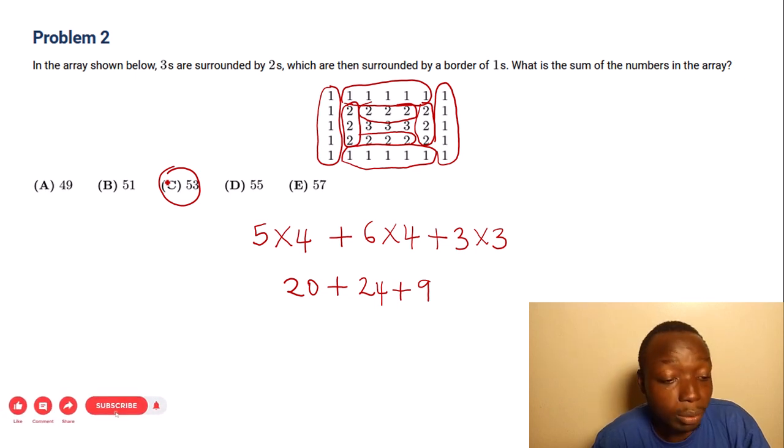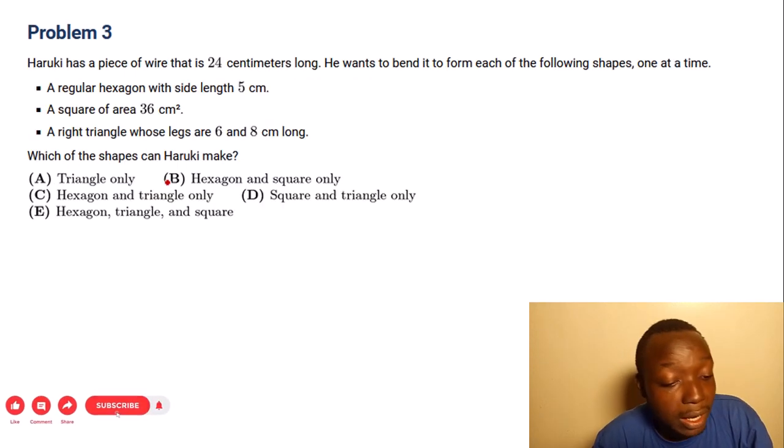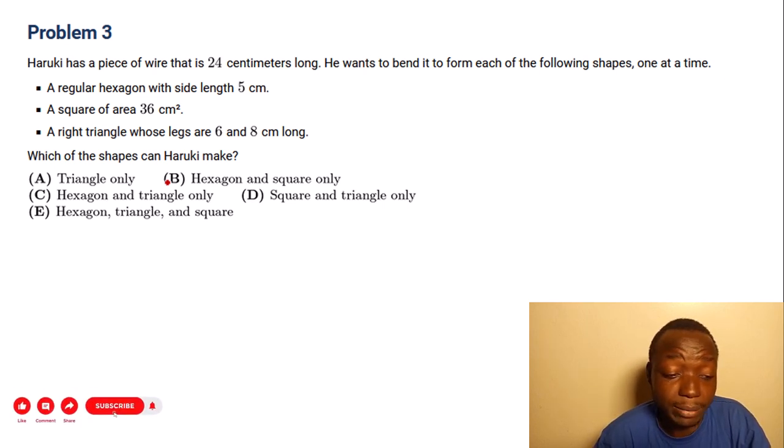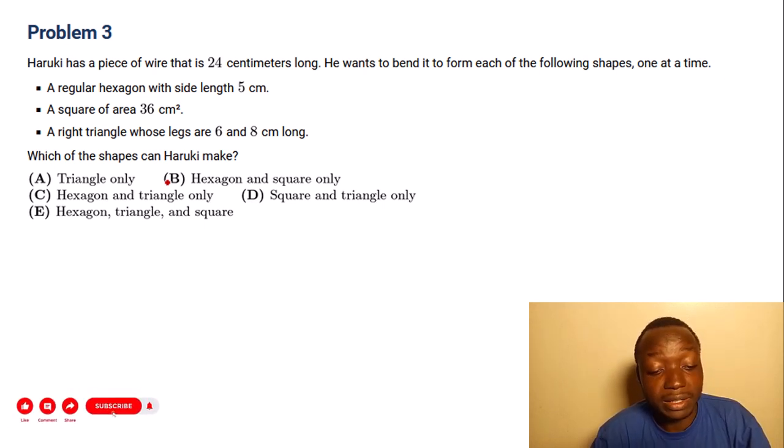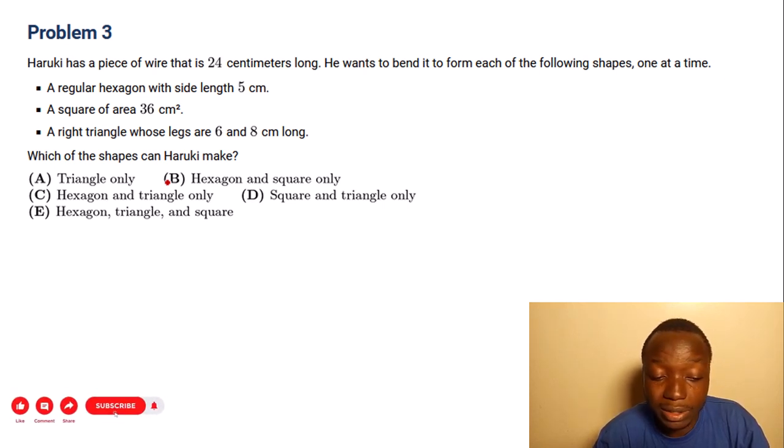Okay, problem 3 says Haruki has a piece of wire that is 24 cm long. He wants to bend it to form each of the following shapes one at a time: a regular hexagon with side length 5 cm, a square of area 36 cm squared, and a right triangle whose legs are 6 cm and 8 cm long.